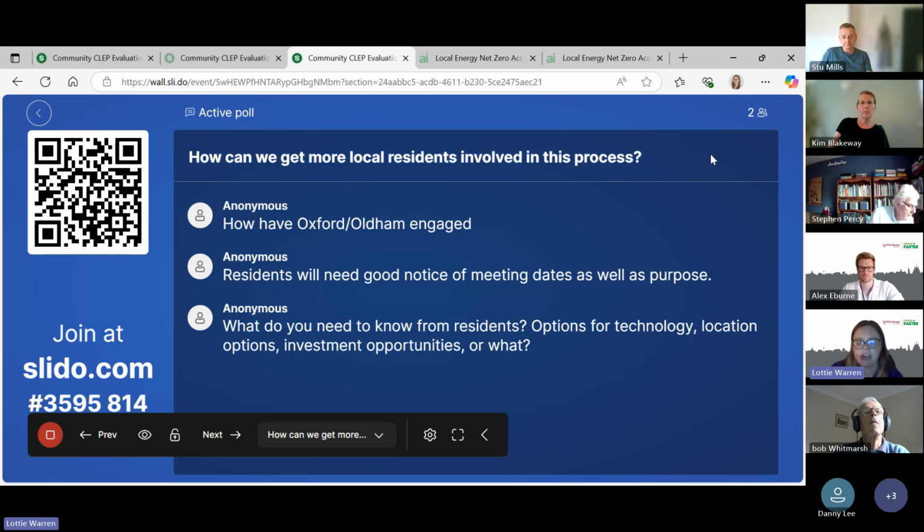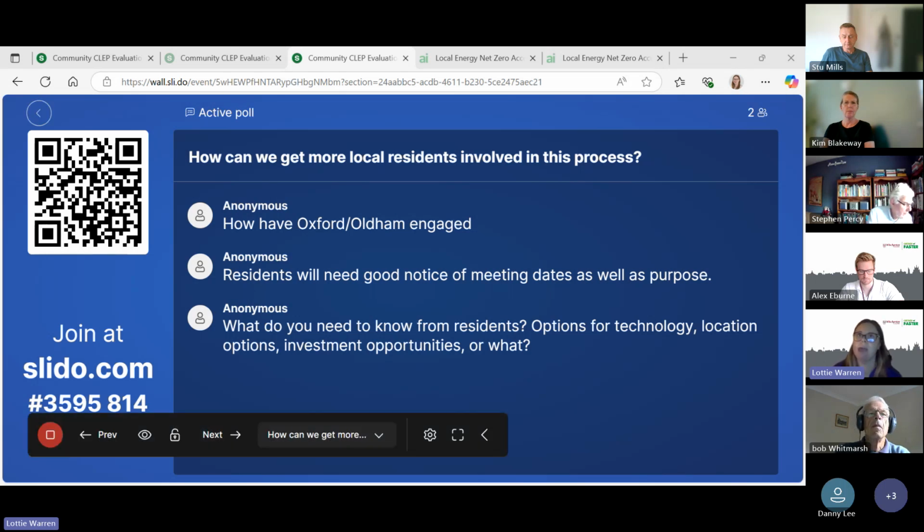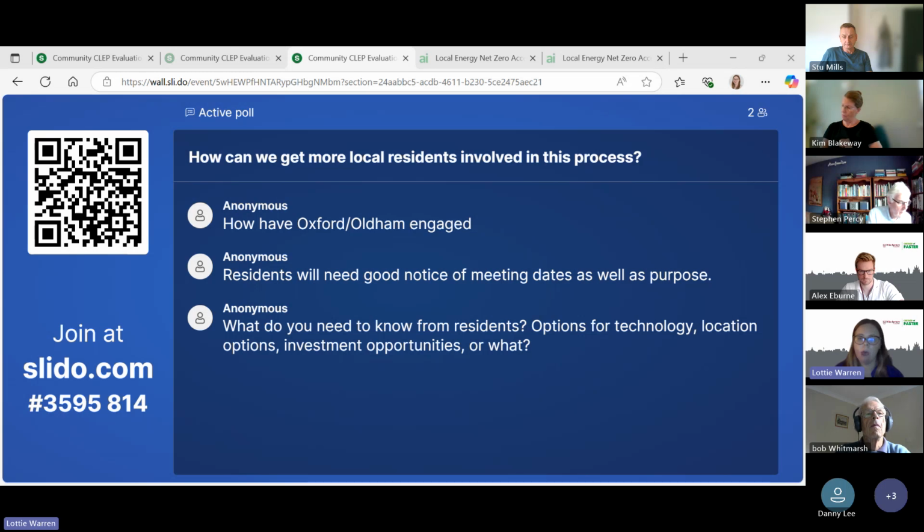So what we really would like to know from residents in those first workshops is what it is currently looking like. Say we talk about energy efficiency: what do people know about energy efficiency? What may be holding them back from installing energy efficiency measures? All these local things that are quite individual, so we can start to build a picture of the area.